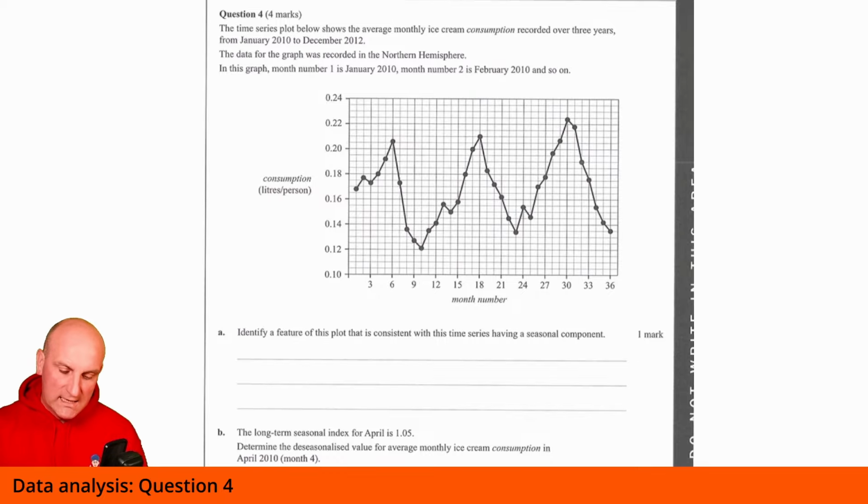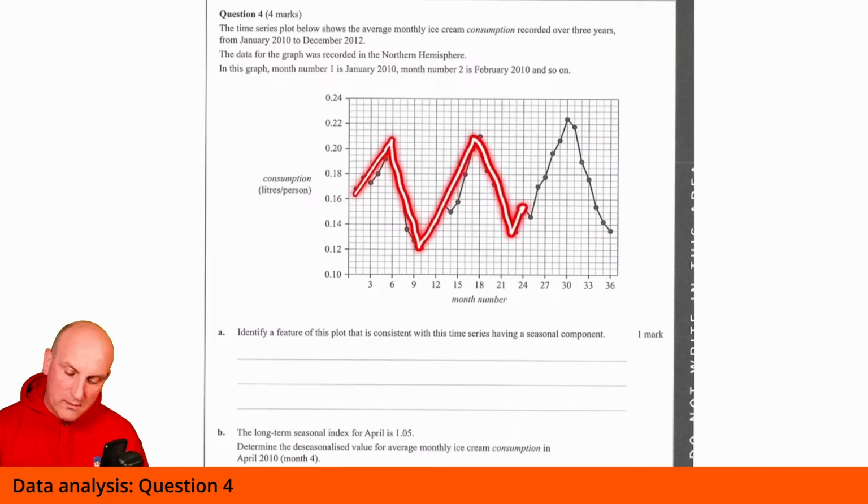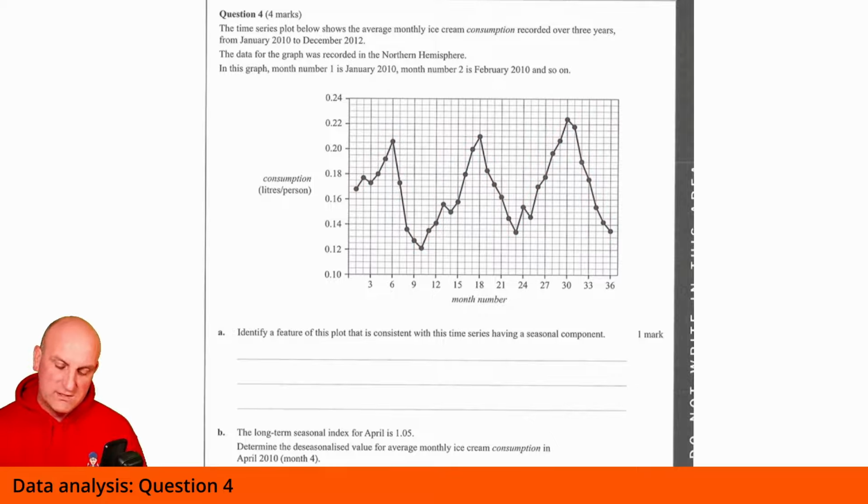All right, so basically, there's an interesting one. Yeah, seasonal component. The graph seems to have the same form every 12 months, going up, down, and then up, down, and then effectively up. Yeah, so identify a feature that is consistent with the time series having a seasonal component. Seasonal has to be, it repeats, right?